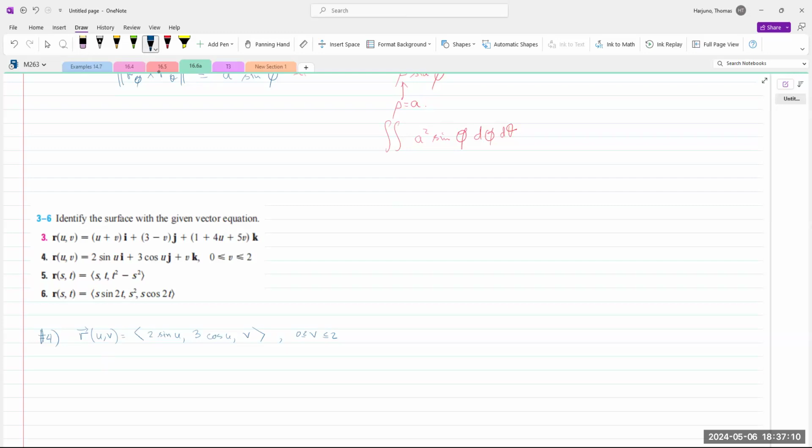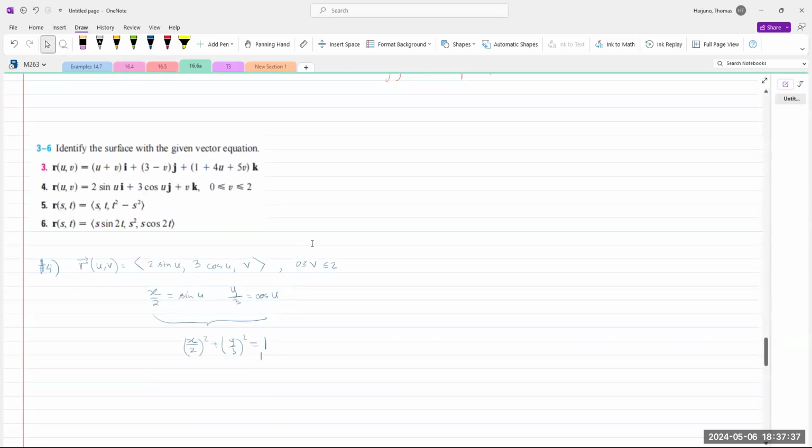Well, you see the x component, x over 2 is sine u, y over 3 is cosine u, and together that gives us x over 2 squared plus y over 3 squared equals 1, right? And then the z component v is independent of x and y, right? So on the xy plane, this is actually an ellipse.